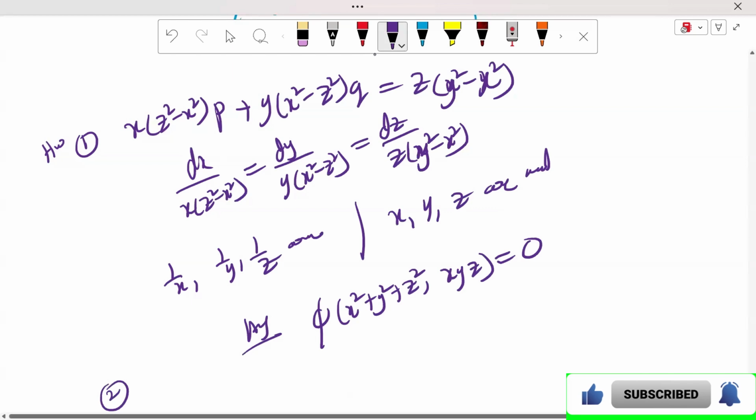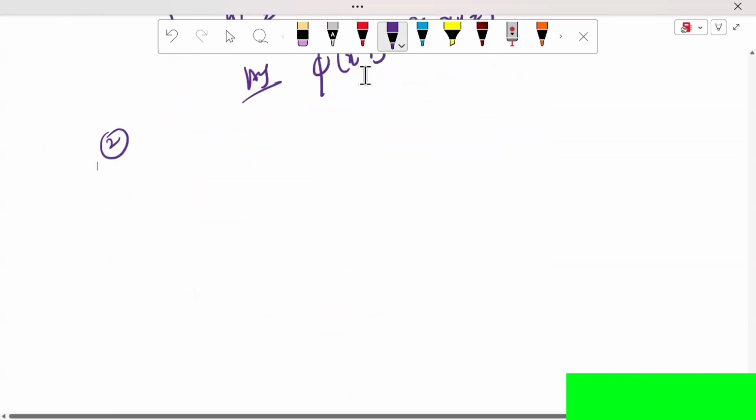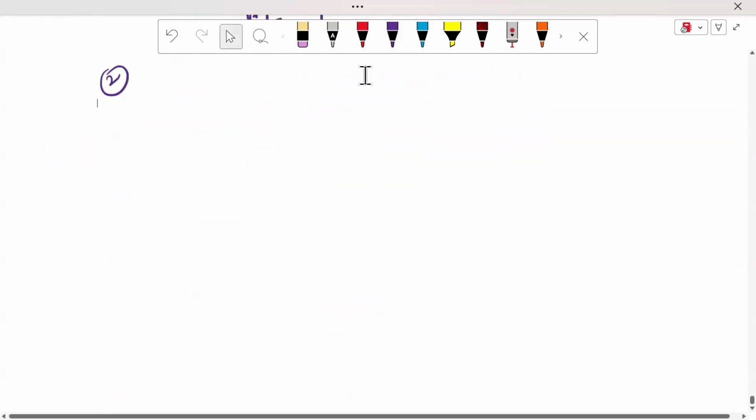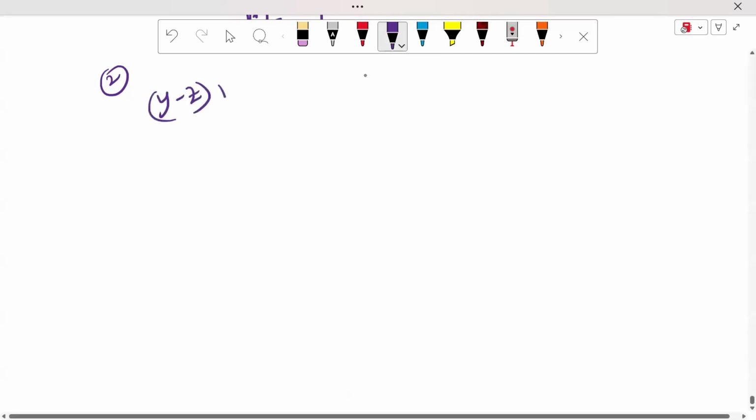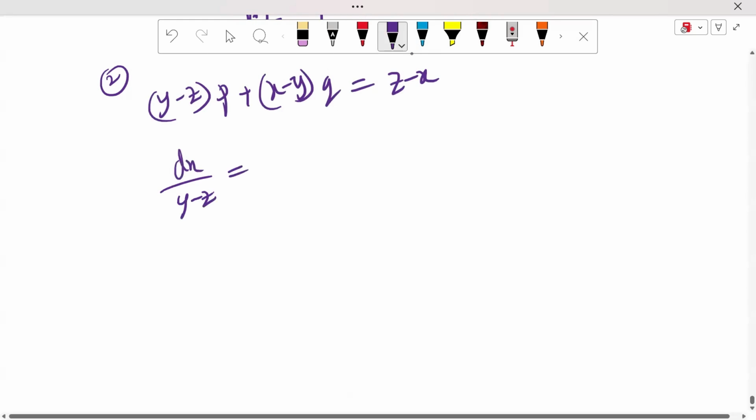It is the homework. Second homework question, sir, in the previous examination. What is the second homework? The second homework, which is important: y minus z into p plus x minus y into q is equal to z minus x, sir. It is dx by y minus z, dy by x minus y and dz by z minus x.